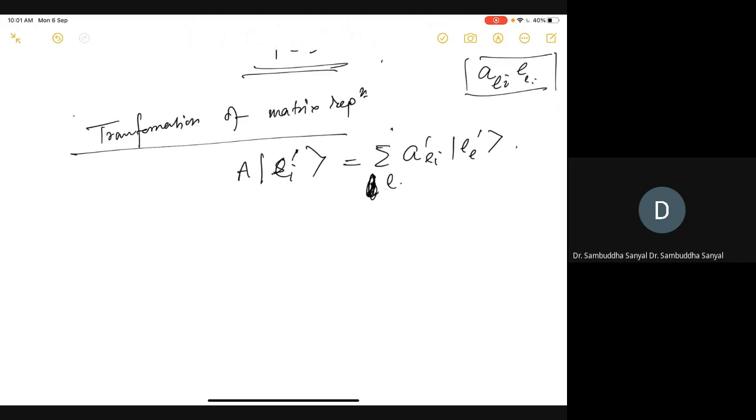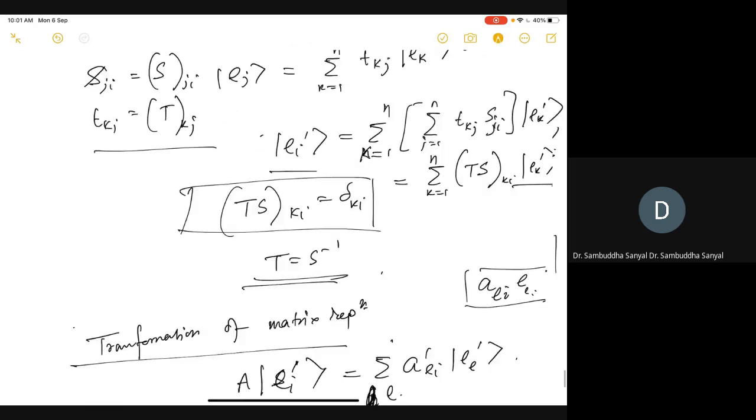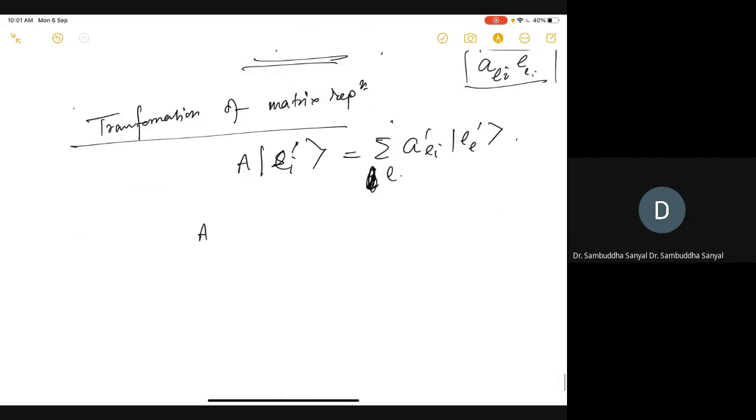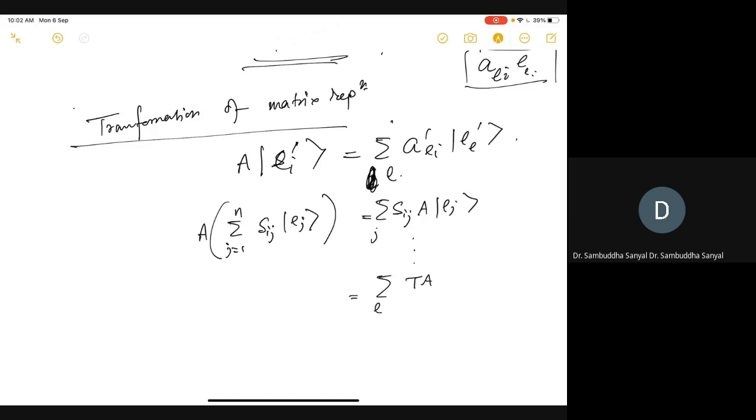Okay. So now I want to find the transformation of A from this basis to the other basis. Notice what we wrote, we wrote this thing. So let's use this E_i prime. Now just do two lines of algebra and you will be able to show that TAS_li E_l prime.